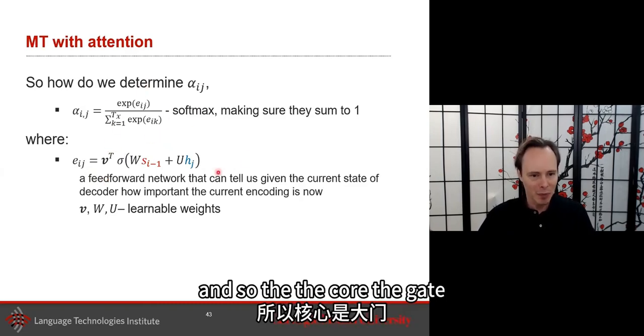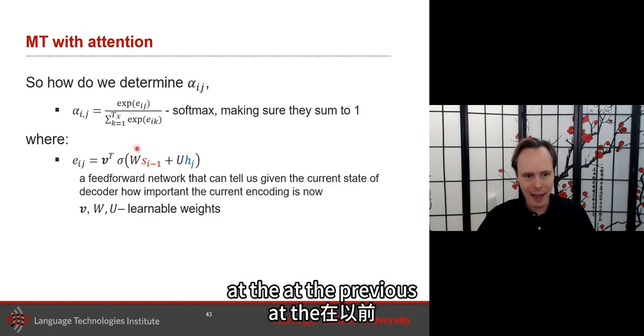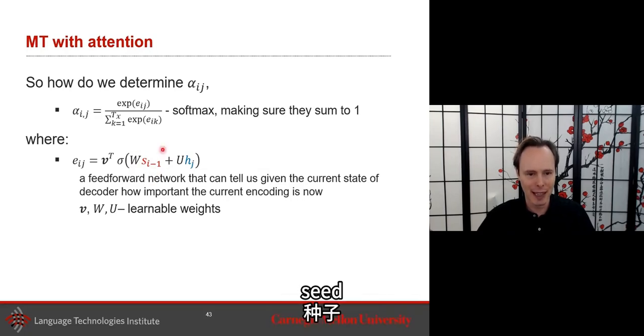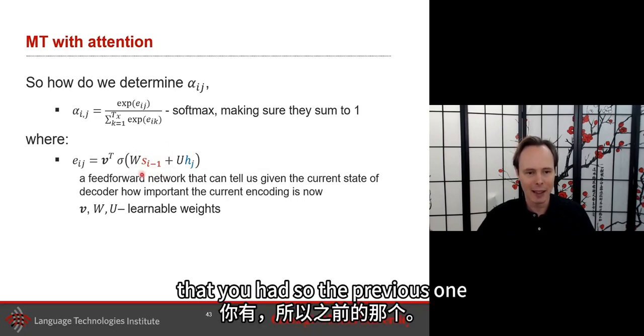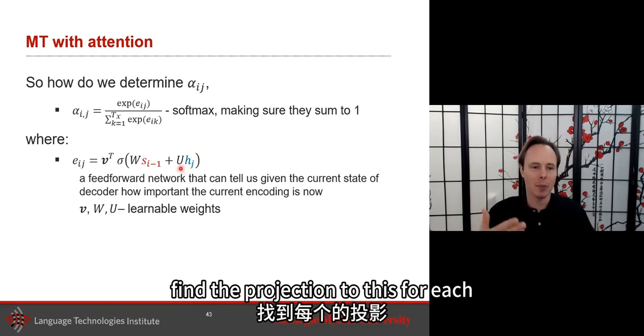And so the core, what will the gate do? The gate will be looking at the previous seed that you had, and then the latest seed, and then just find the projection to this for each.